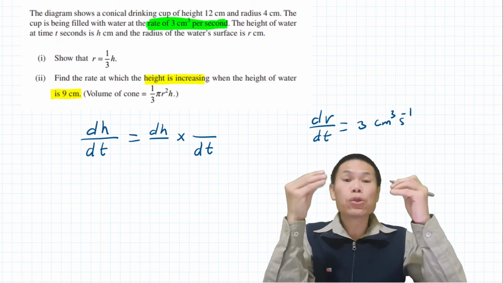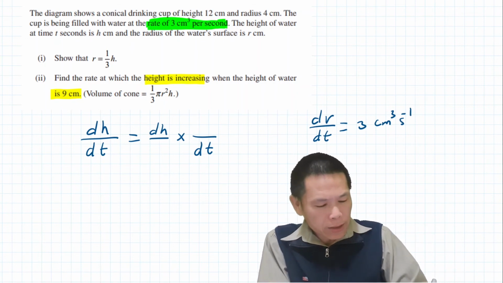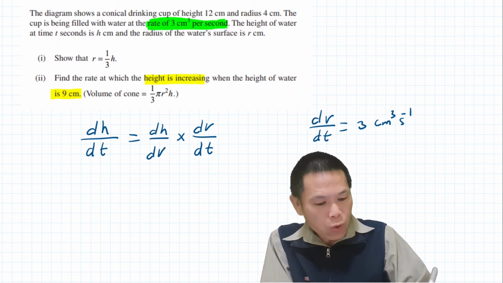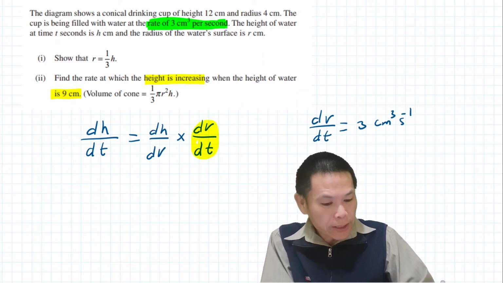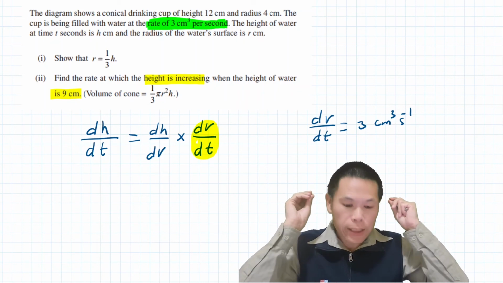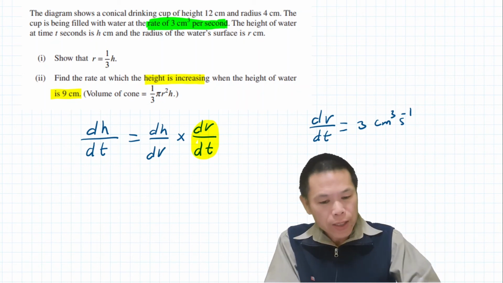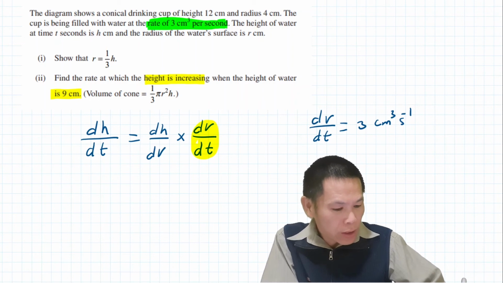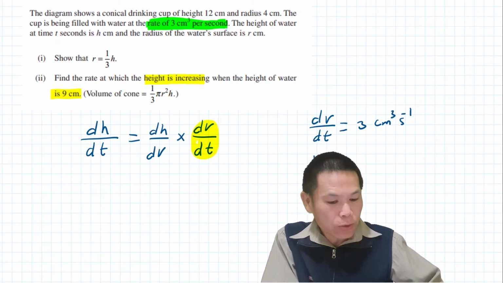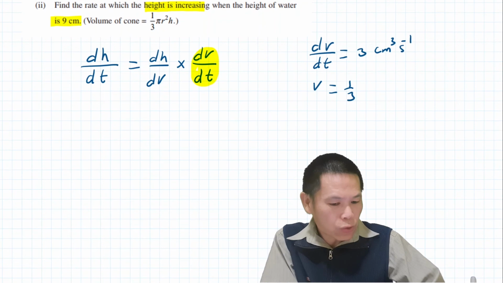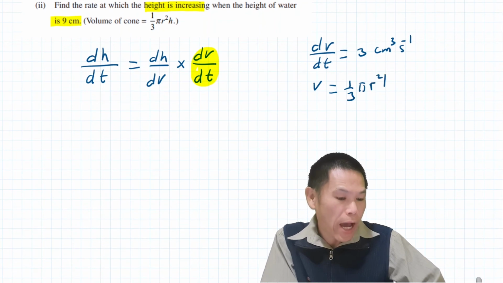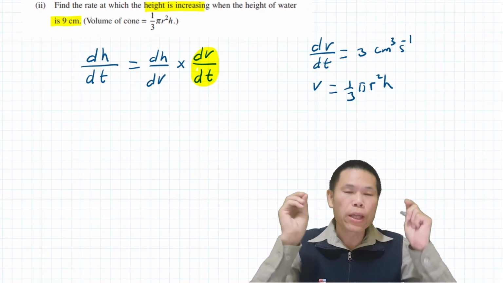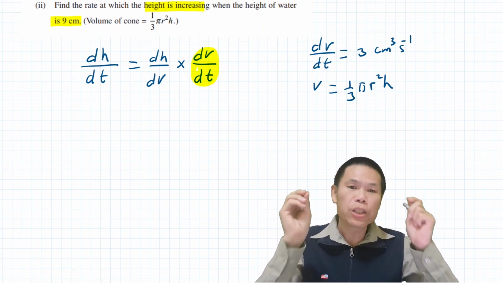Now we just use dV. This is dV and this is dV, and we already know dV/dt. So now we just need to find dh/dV. We know that the volume of a cone is V equal to 1/3 πr²h. Because we need to find dV/dh, we need to write the volume in terms of h.